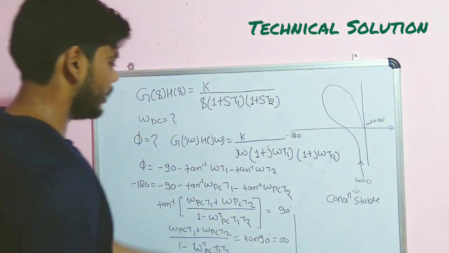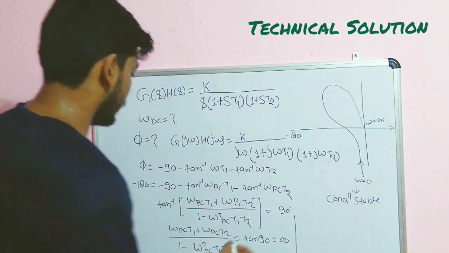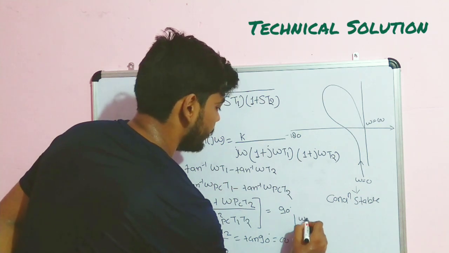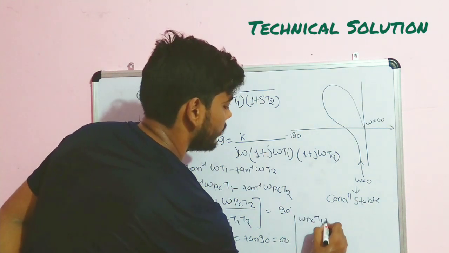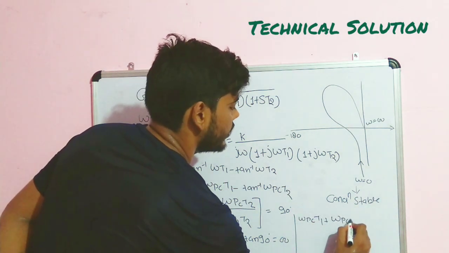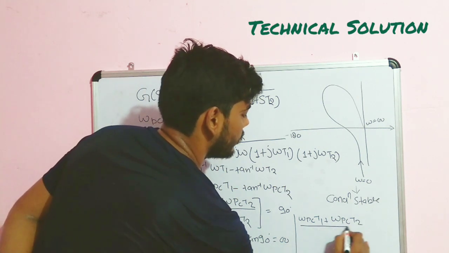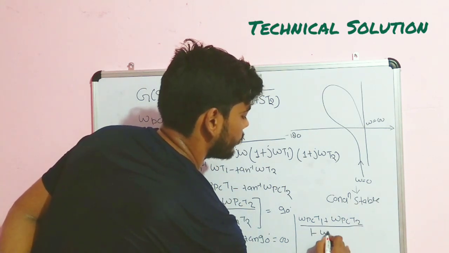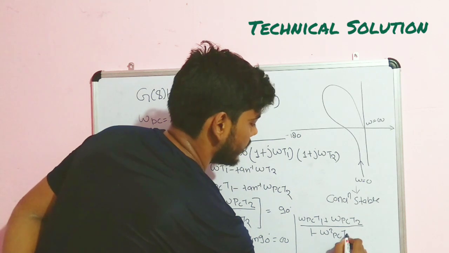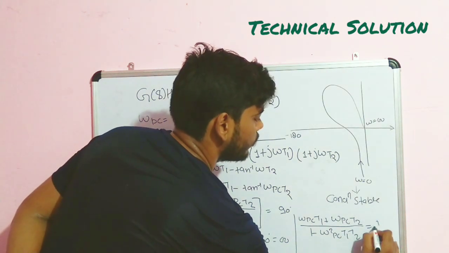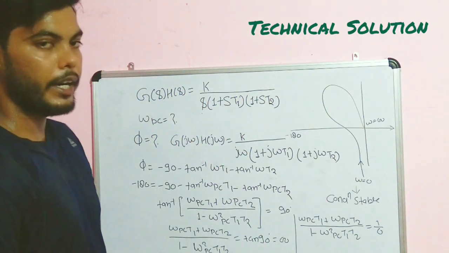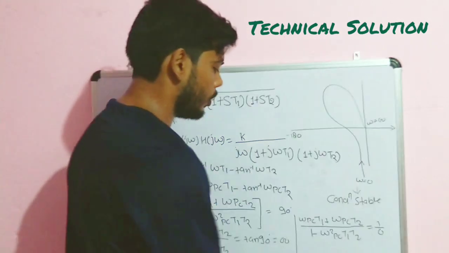Further, when we solve this equation, (omega pc t1 plus omega pc t2) upon (1 minus omega square pc t1 t2) is equal to 1 upon 0. Infinite is written in terms of 1 upon 0.